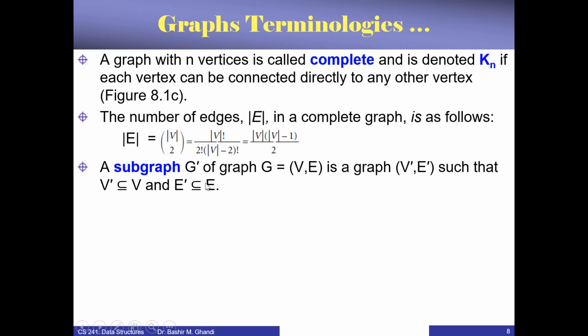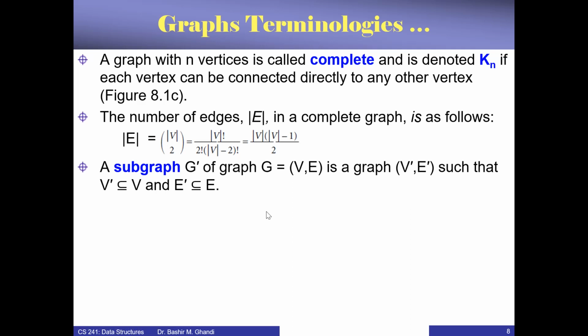Okay, the next definition is about a subgraph. So a subgraph for a graph G is another graph G prime, where that subgraph G prime consists of 2 sets also, V prime and E prime, but such that V prime is a subset of V and E prime is a subset of E. This is a natural definition.